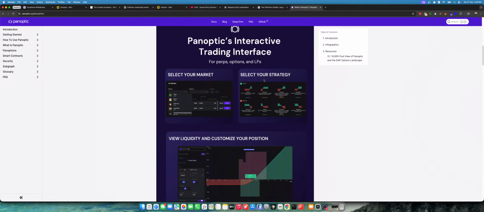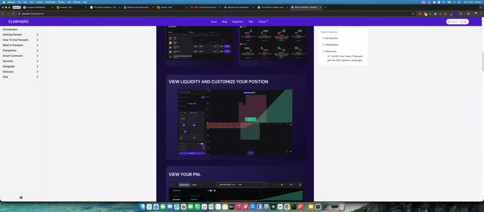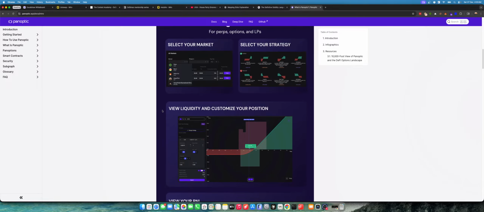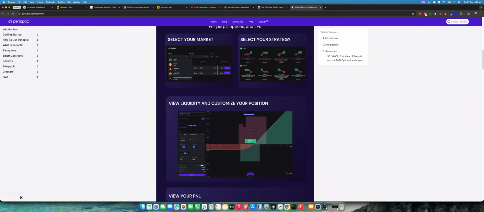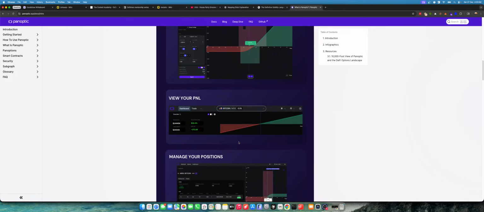Select your market and select your strategies. Customize your position. Looks cool. Is it like you are able to set liquidity to a particular tick?